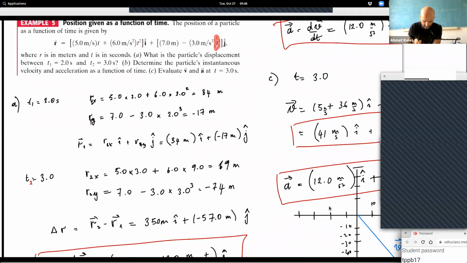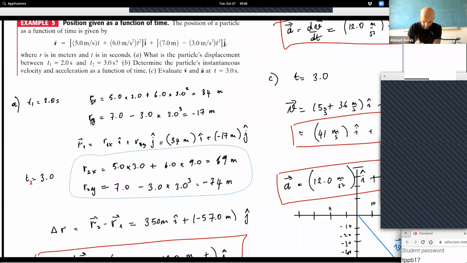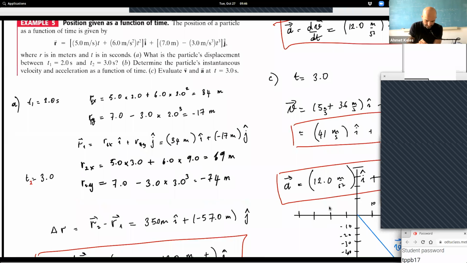If you do this, I think this is the result. So r2 is equal to 69 meters i hat plus minus 74 meters j hat.